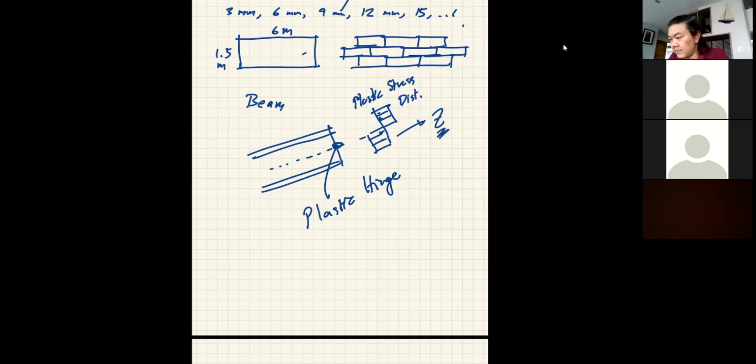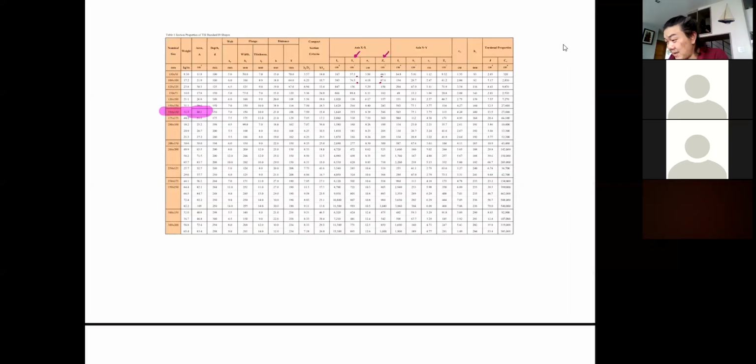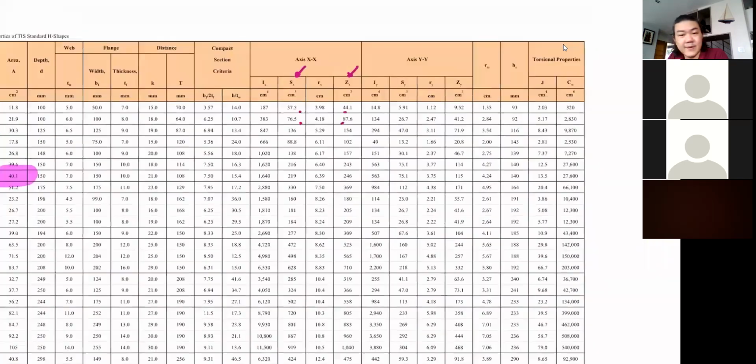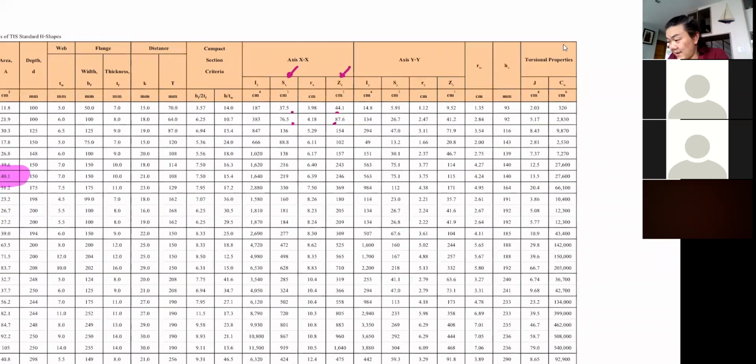So use the right one, okay? Remember that the plastic section modulus can be picked up from this table, there and there for both axes, okay?